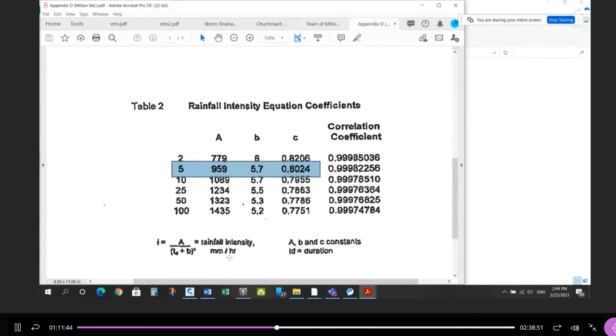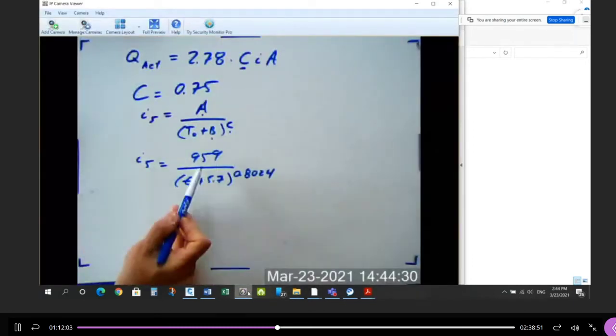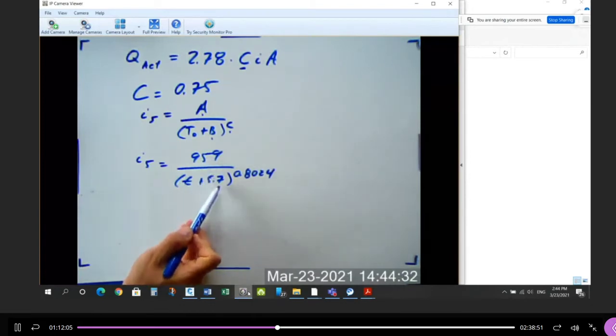So I, for the 5-year intensity, the top part is 959 divided by T plus 5.7 to the exponent 0.8024. So I'm taking those values and now I'm looking at this, right? A, 959, B, 5.7, I'm adding here.